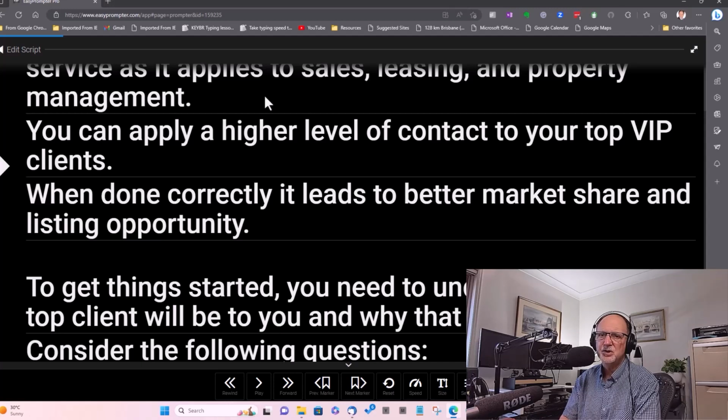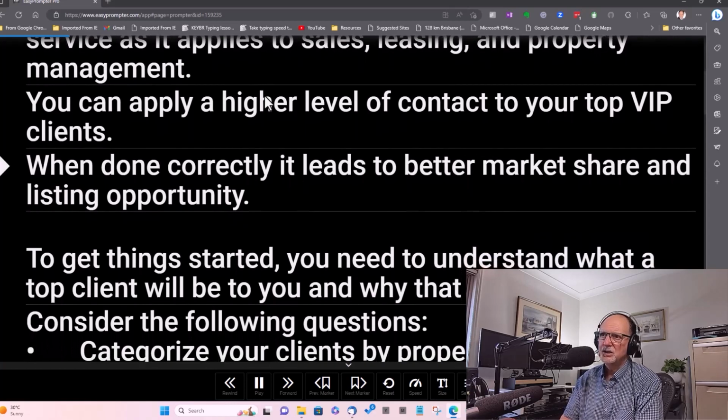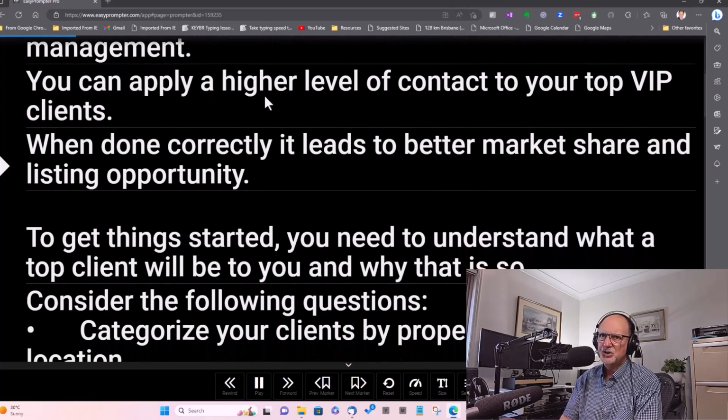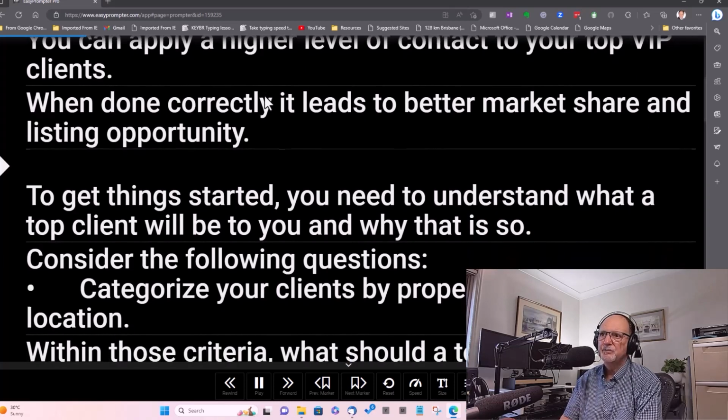Off-market transactions where there's no pressure of others in the market, where you can do a deal with your better clients with properties that you have identified for them. That's what you do with a VIP client. When all of this is done correctly, it leads to better market share and listing opportunity. As I said, off-market deals, remember that.